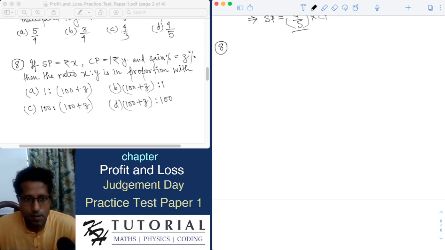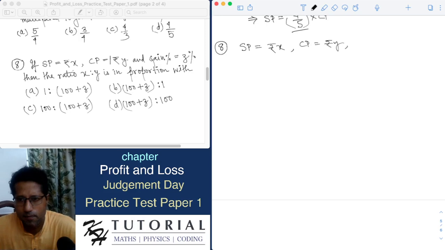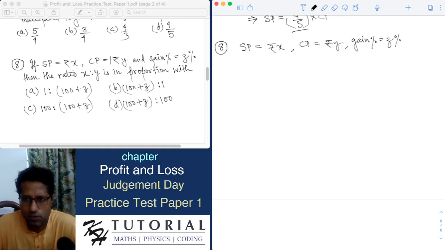So basically we have to find X is to Y and see which choice it is matching. Sp is given to be rupees X, Cp is given to be rupees Y, and gain percent is given to be Z percent. Now, since it is talking about gain percent, definitely there is a gain.